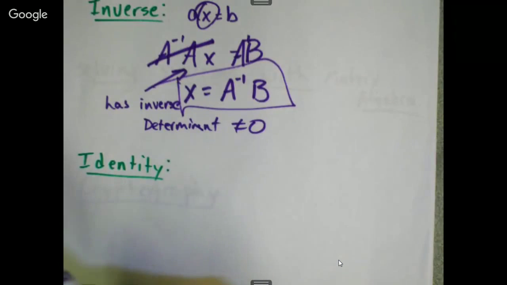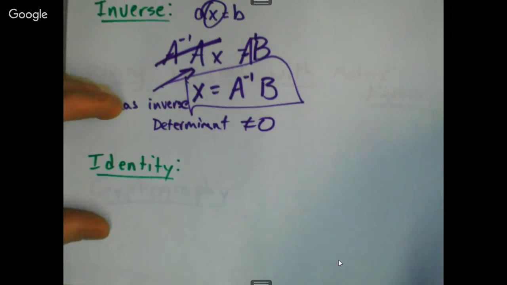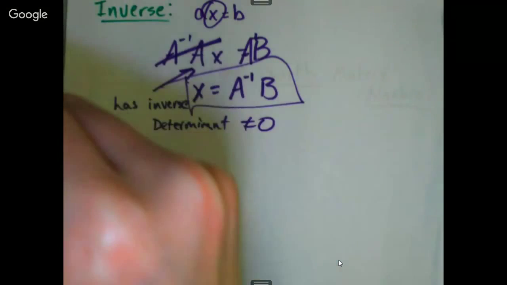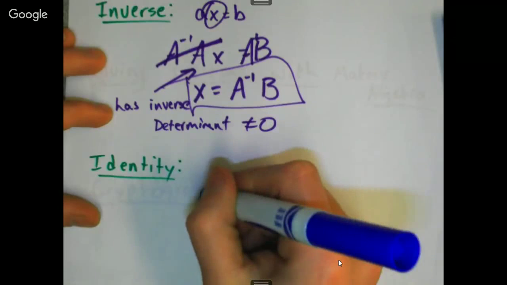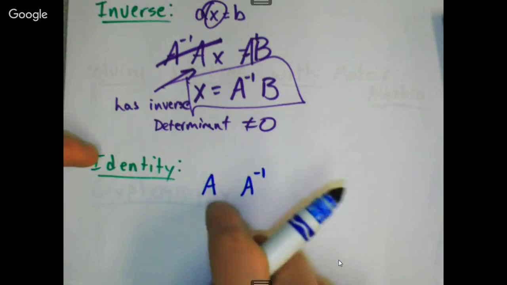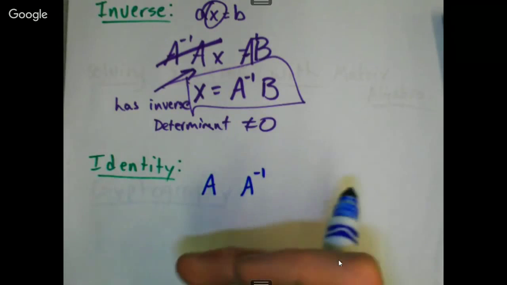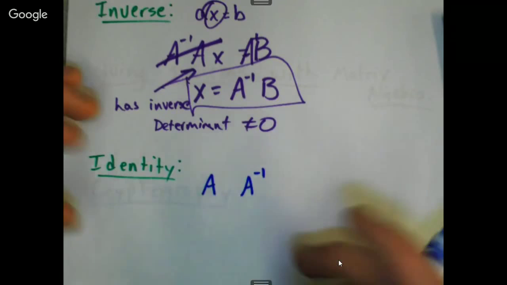In order to find the inverse, we need to understand what the identity is. If I have two inverse matrices, let's say I have A and A inverse, they are inverses of each other. Remember what inverses do. Inverses cancel each other out, like plus and minus are inverses.